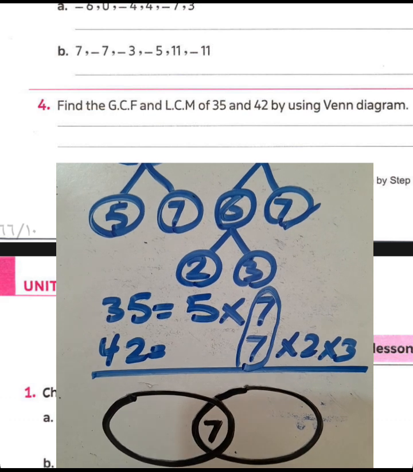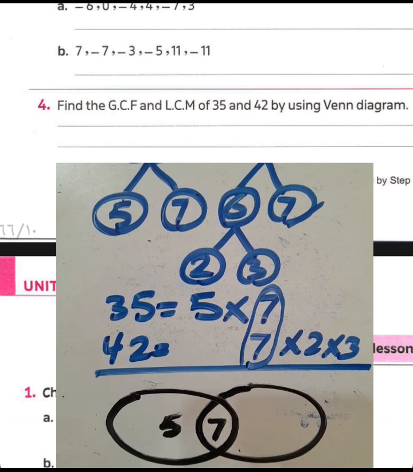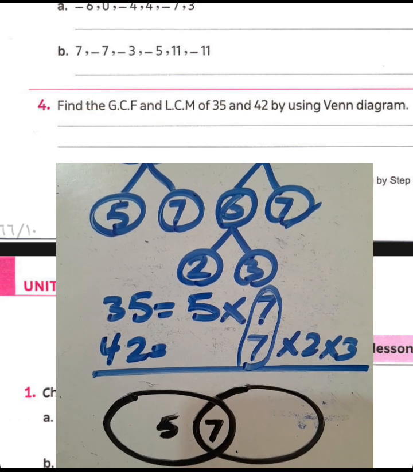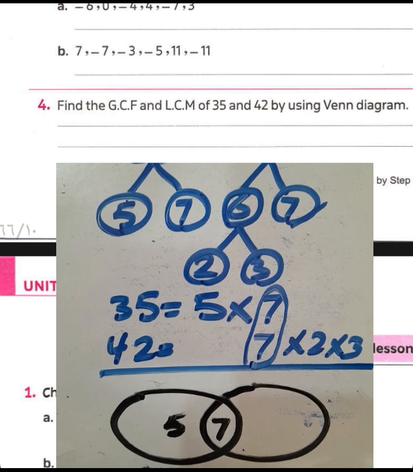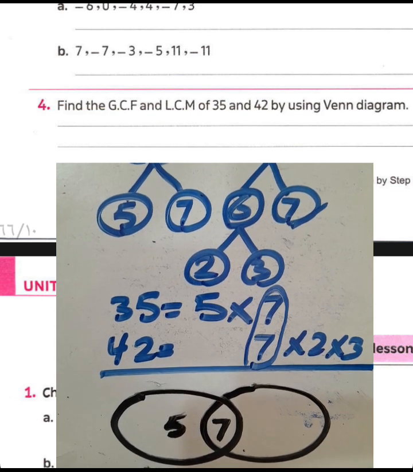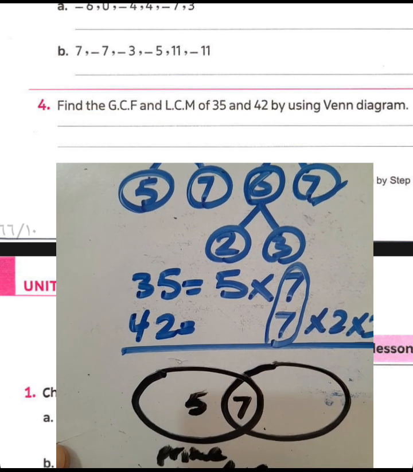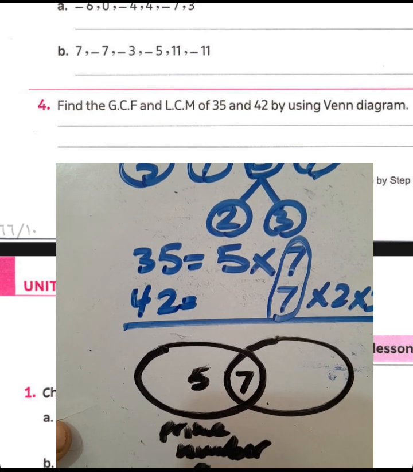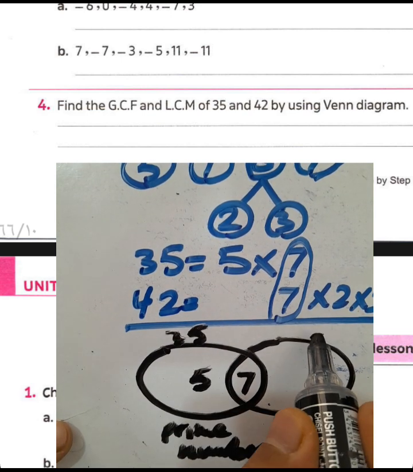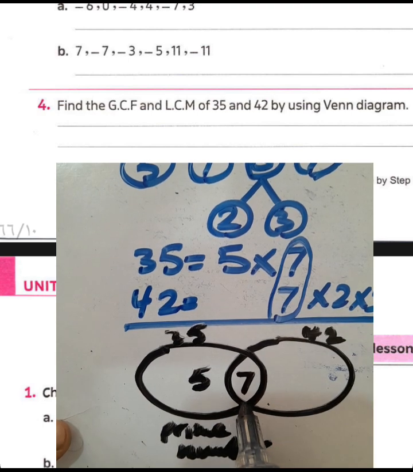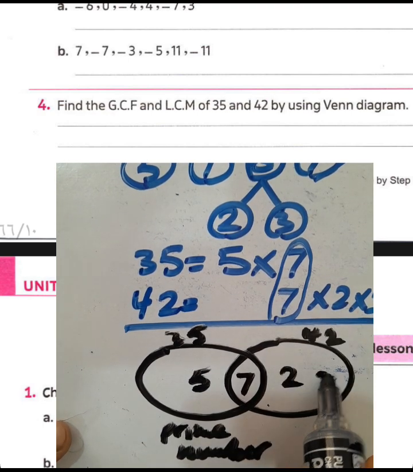Okay, and the remainder here, 5, what is it? It is the prime factor of 35, and here the prime factors of 42. Write 7 and remainder 2 and 3.